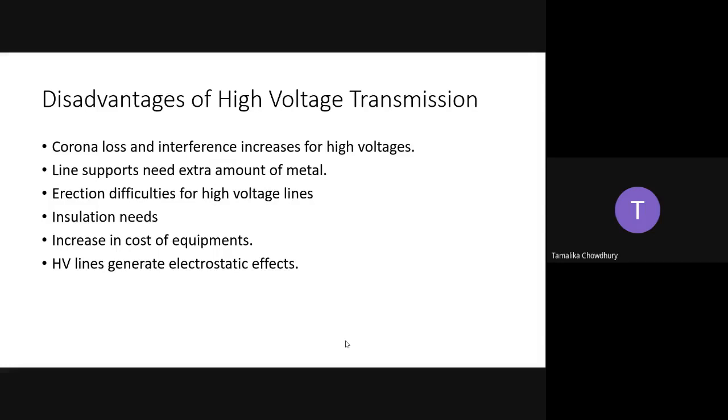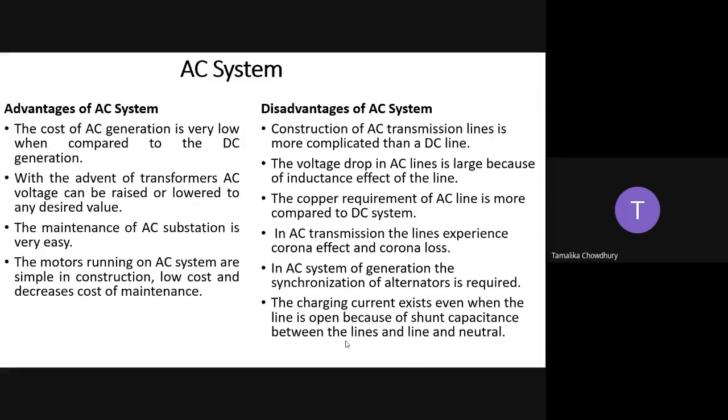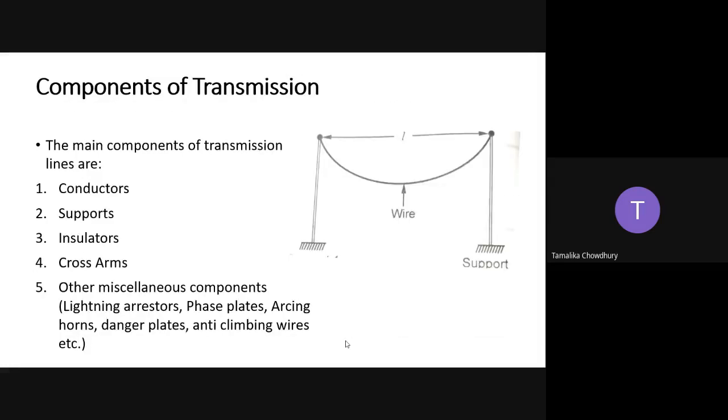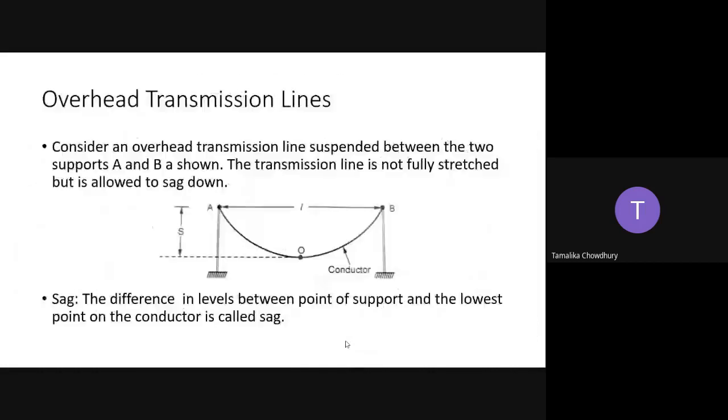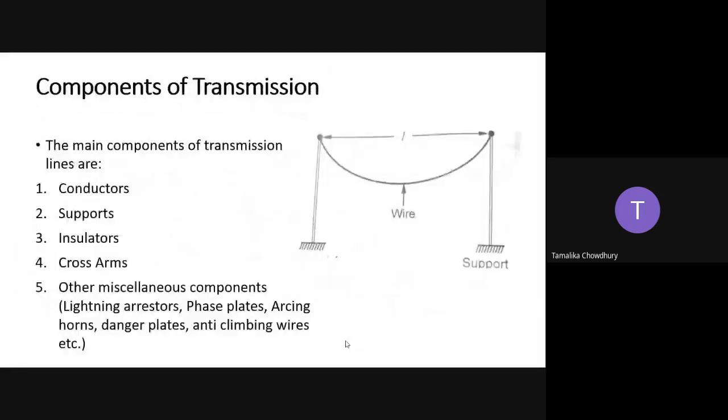Next, we studied that the AC transmission will be a three phase, three wire system, so it is used in distribution. This classification of AC and DC is something that we need to incorporate now.